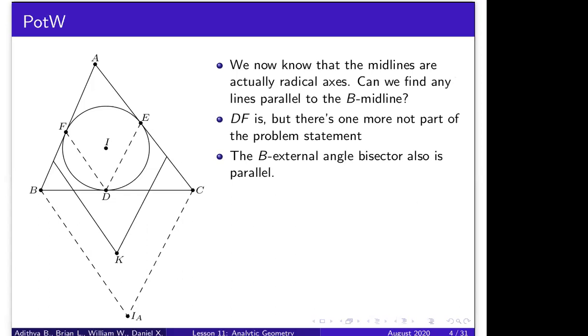And we know that the external angle bisector is also perpendicular to the angle bisector. So BIA is parallel to the B midline. So that's pretty neat. Likewise, the C midline is also parallel to the C external angle bisector.